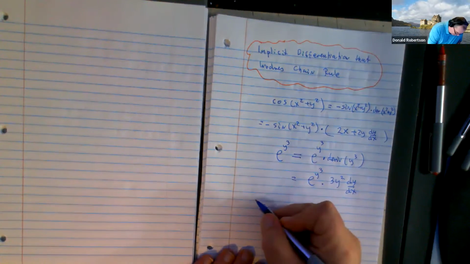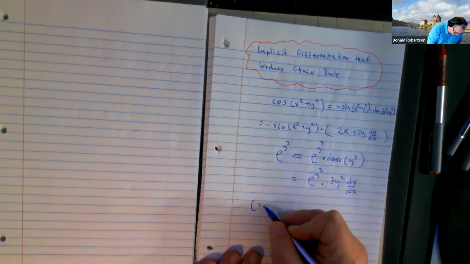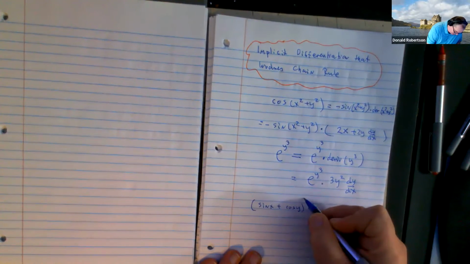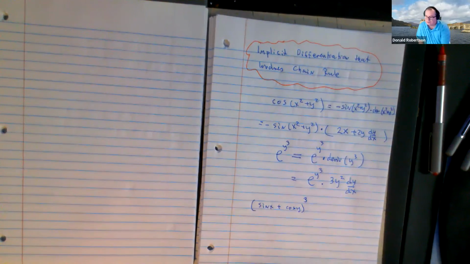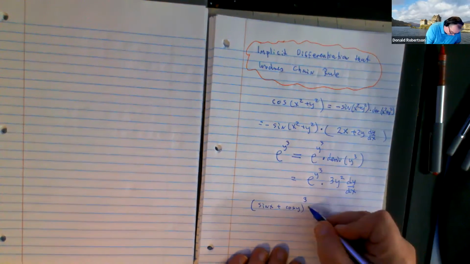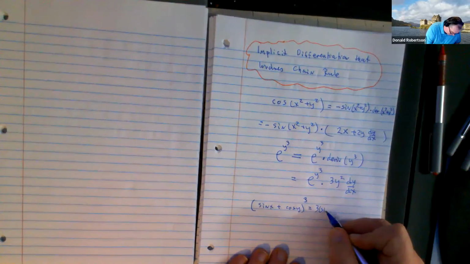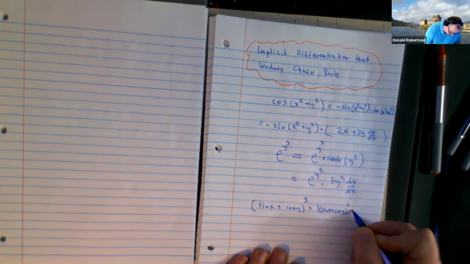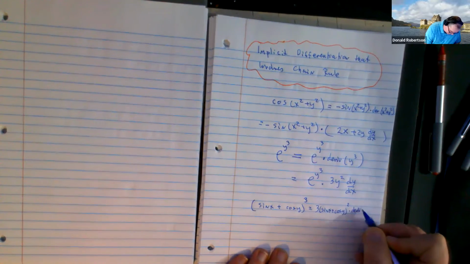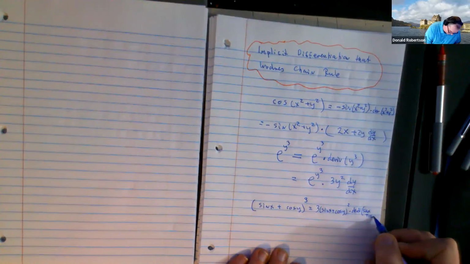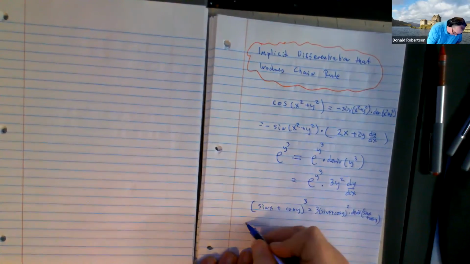Suppose you got (sine x plus cosine y) cubed. Again, that's a chain rule. Something being cubed: 3 somethings squared times the derivative of the inside function.